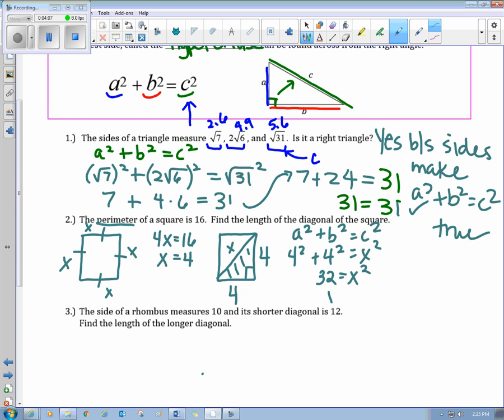I square root both sides, and I get plus or minus the square root of 32. And then remember, we only want the positive one in this case because it's a diagonal, a side length of that triangle. And I want the positive, and then I have to break up 32. And I'm going to split that into 16 and 2, which gives me a diagonal length of 4 radical 2.